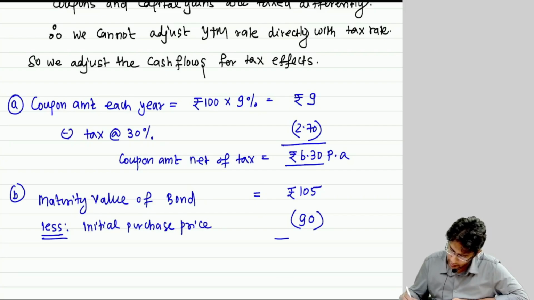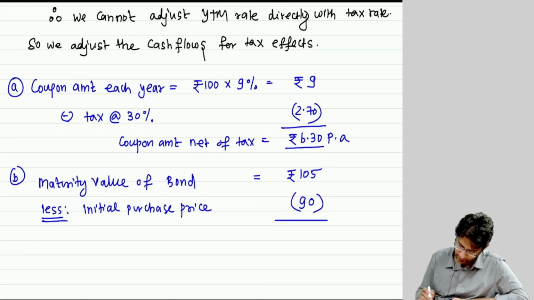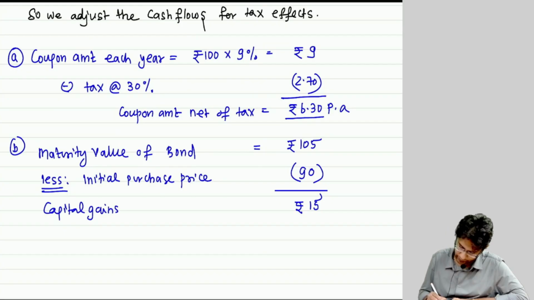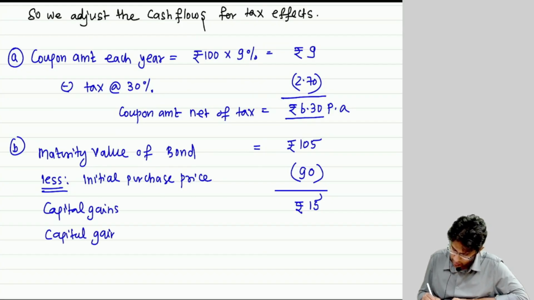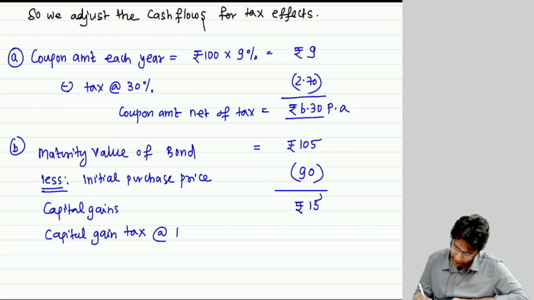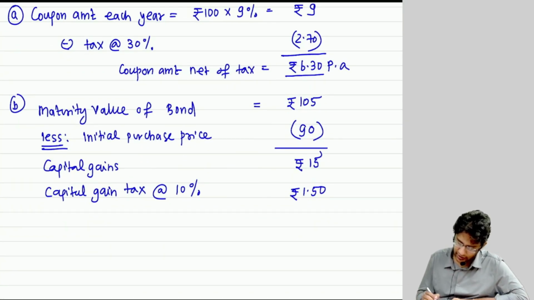Which means the capital gain is rupees 15. Capital gain tax at the rate of 10% is rupees 1.50. Now, what is the net amount?